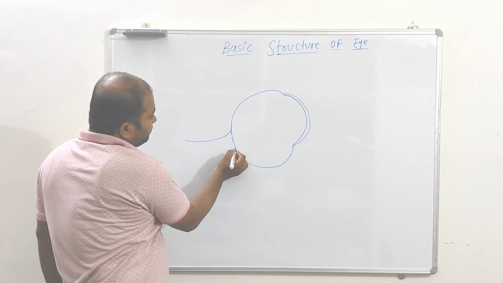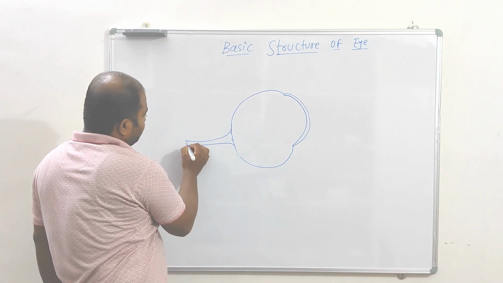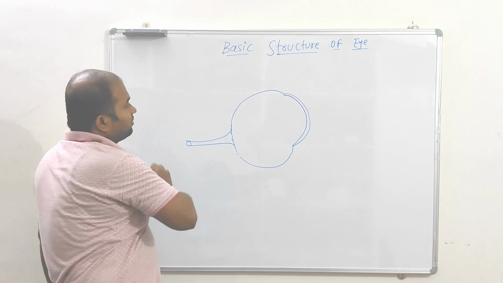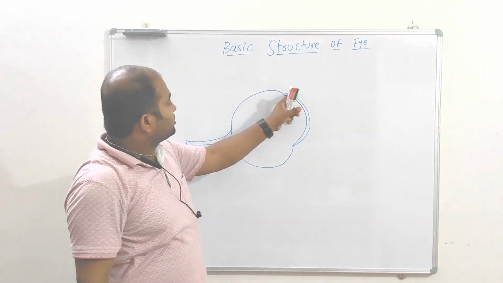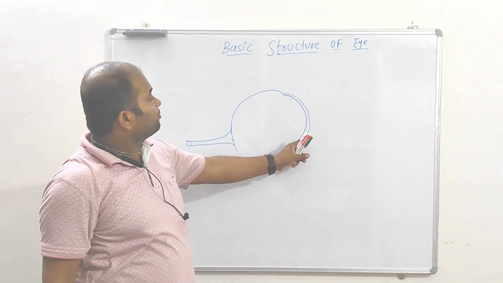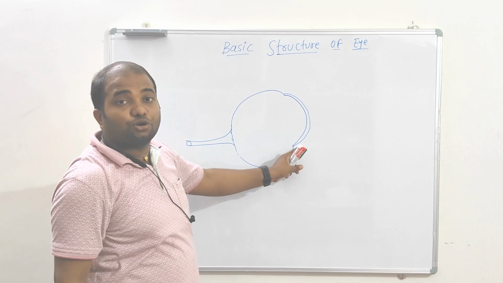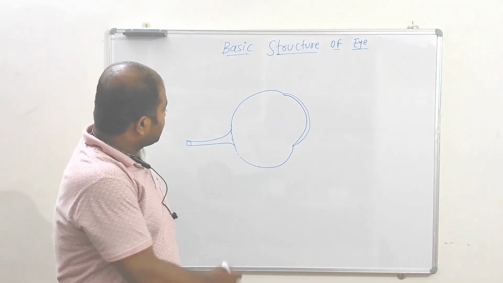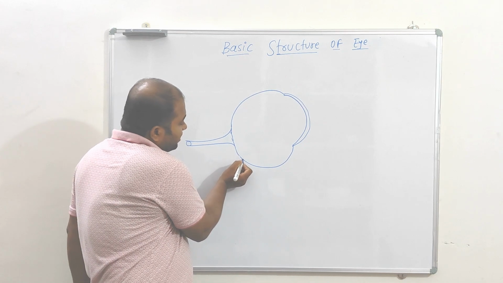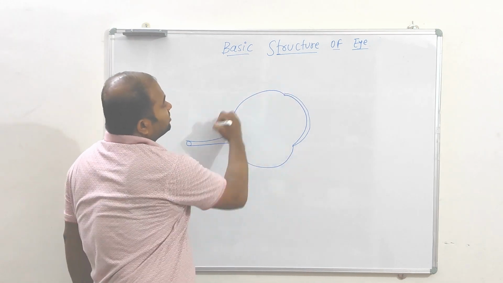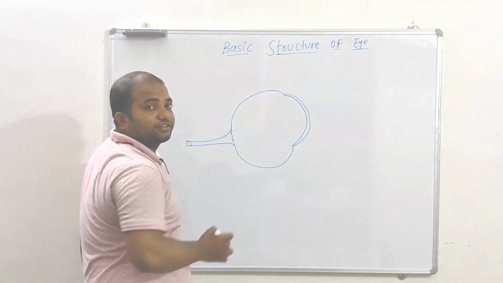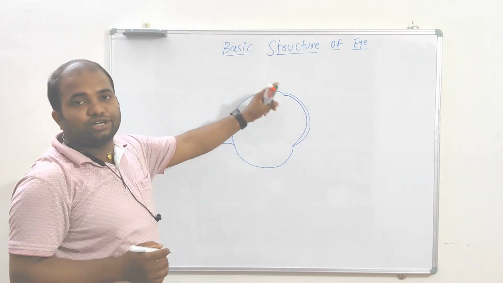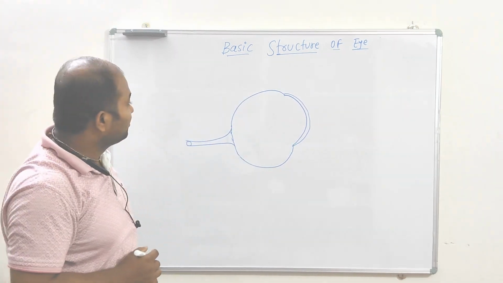This outer wall is divided into two parts: the anterior, more curved part, and the posterior, slightly less curved part. The major part is the posterior part and a small anterior part is there. So this is the outer coat. Later I will go into more detail on the outer coat of the eyeball.